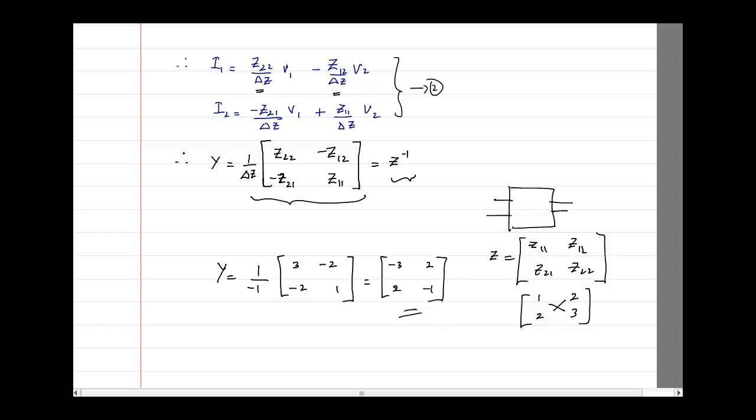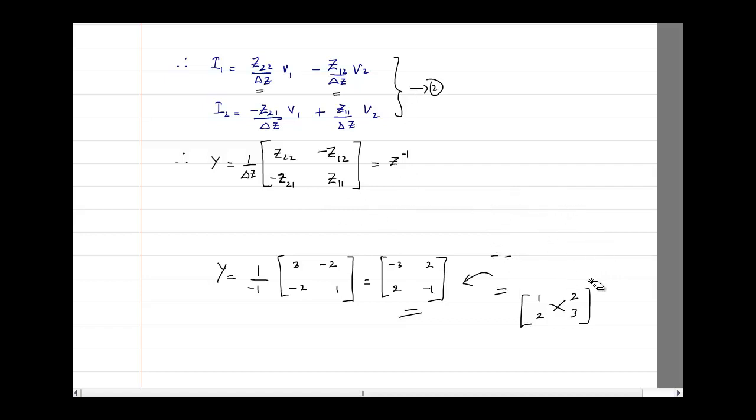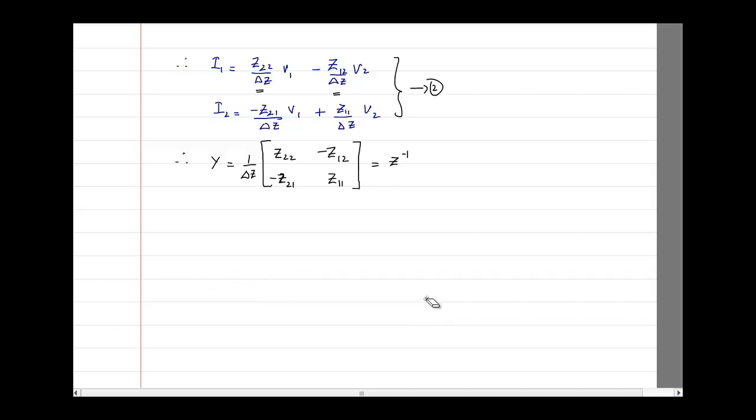See, did I solve any KCL or anything? No. I got the z parameter. From there, using this particular shortcut, I came and found out the y parameter. That is what is important for us, because this means that for every problem you can find out only one thing, and that is the z parameter. That's why I said that I'm not going to do too many problems in h parameter.